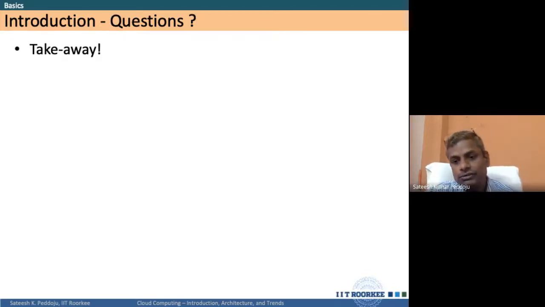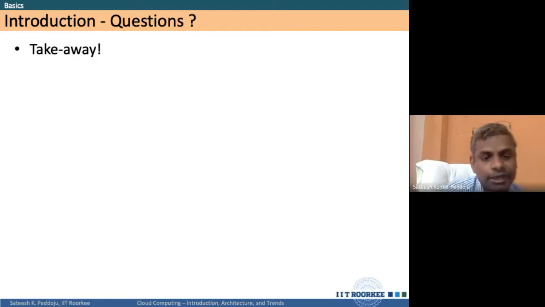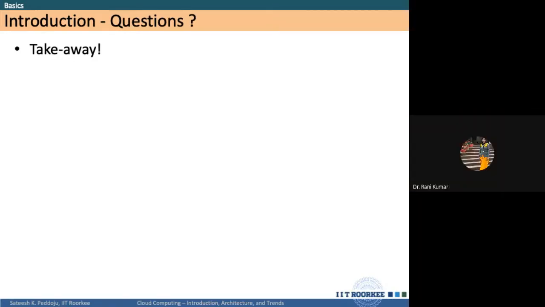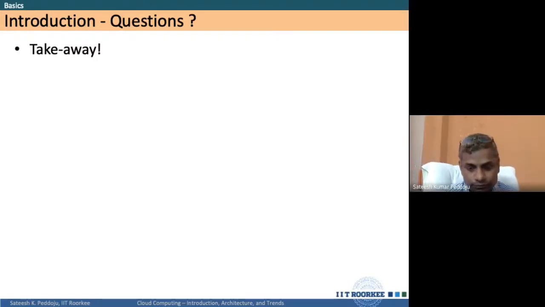Federated clouds are used when, as I told you, IIT Roorkee has a project cloud. And I may need some other resources from, let's say, the AWS cloud. But at some point, the AWS cloud may not have the requested resource, but already I have a tie-up with another cloud.